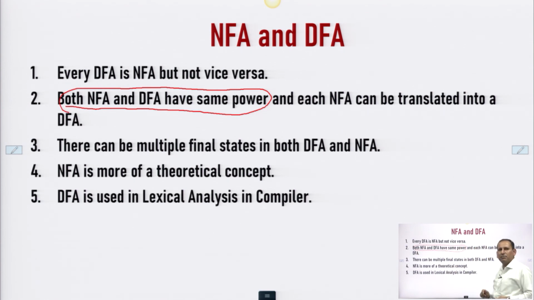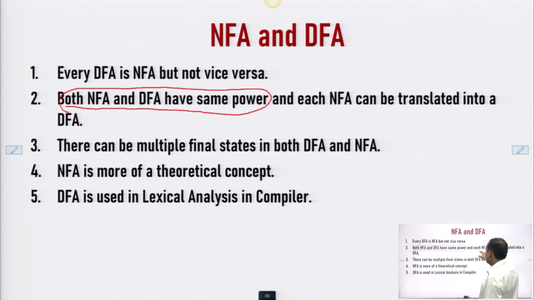It means that the work which is done by a DFA can also be done by an NFA. There is no language that can be recognized by an NFA but cannot be recognized by a DFA, right. Whatever language is recognized by an NFA, the same language is recognized by a DFA also.